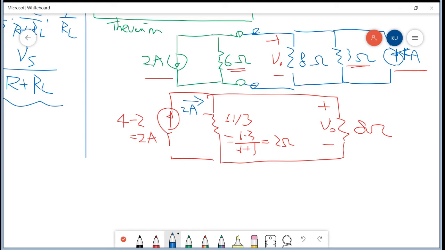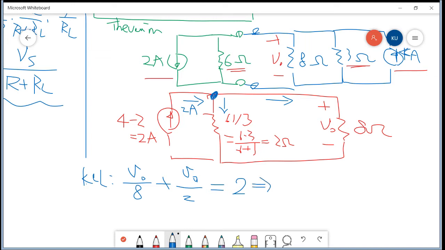And actually this current is VO over 8, and this current should be VO over 2, which is equal to 2. Actually, you use the KCL at this node, so that, well, we multiply 8 on both sides, so VO plus 4VO equals 16.